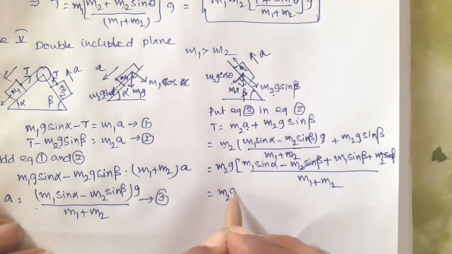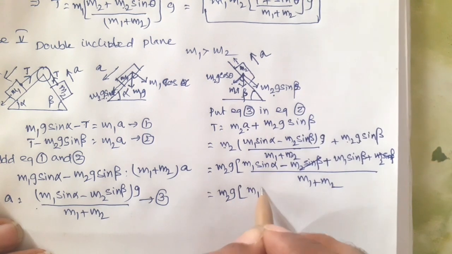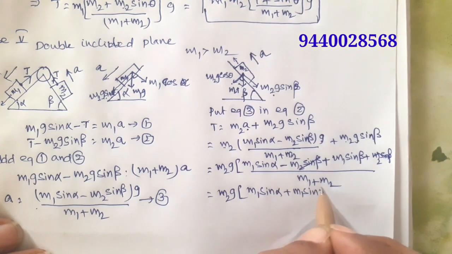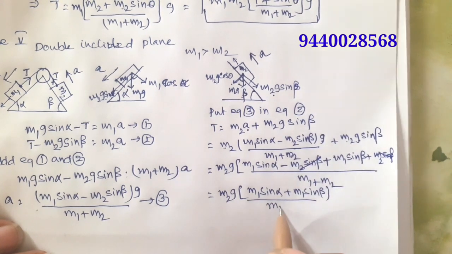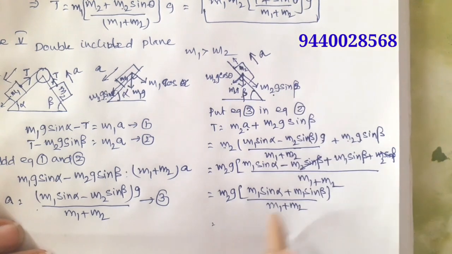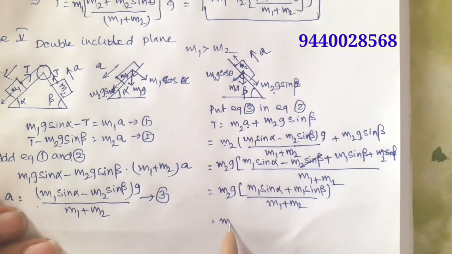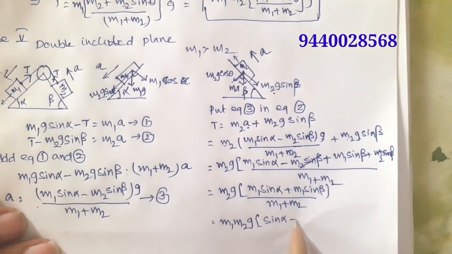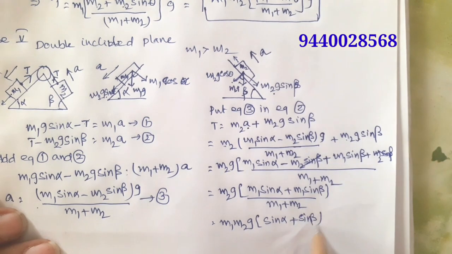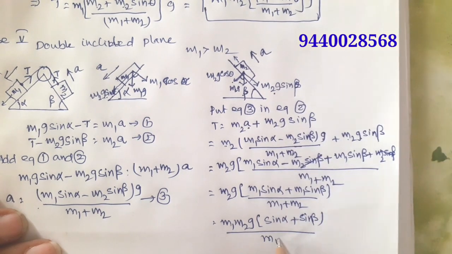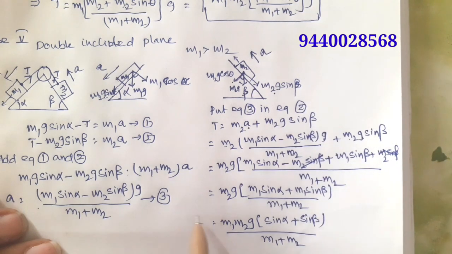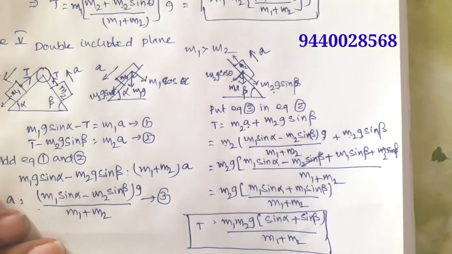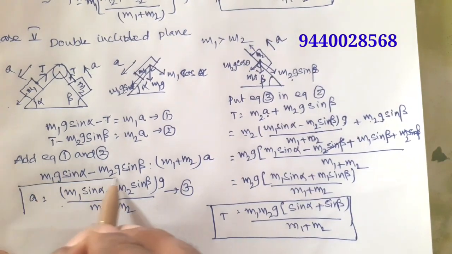Therefore, this is m2g into (m1 sin alpha plus m1 sin beta) by (m1 + m2). Now taking m1 as common, m1 m2 g (sin alpha plus sin beta) by (m1 + m2). This is the tension. This is the resultant tension in this case, and this is the resultant acceleration.